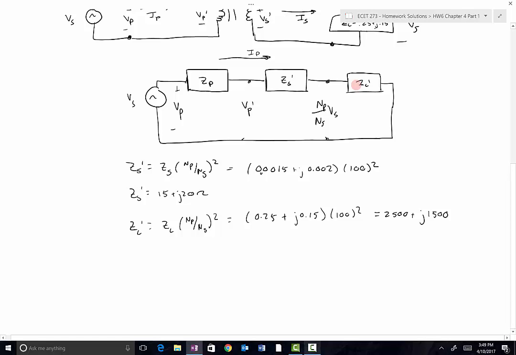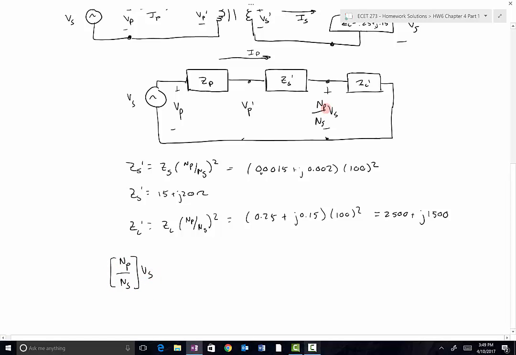Now I can use any technique that I want to analyze this primary side. At the end of the day, what this problem asked for was VS, so I'm going to solve for NP over NS times VS as a circuit parameter right here. I'm going to solve for that voltage right there, and so I'm going to use a voltage divider formula to do that.